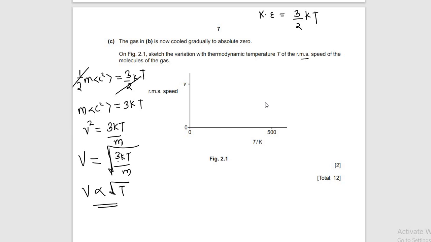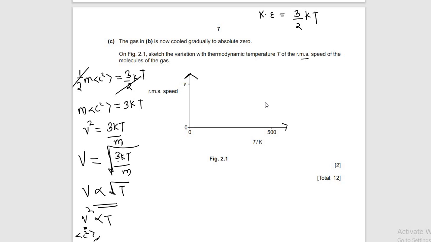Speed is proportional to the square root of temperature, which can be c squared proportional to T. Don't forget, this c squared, the mean square speed, is still something like this. So c squared is proportional to T. So I'm plotting a graph of c squared against T.